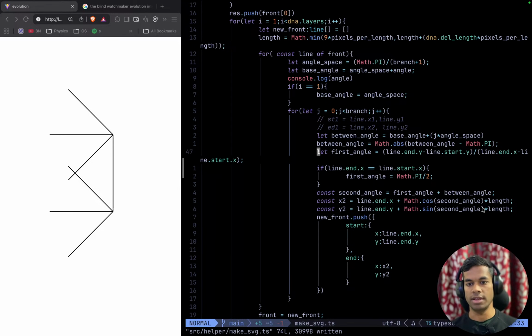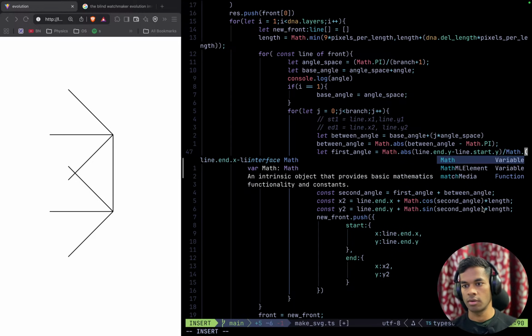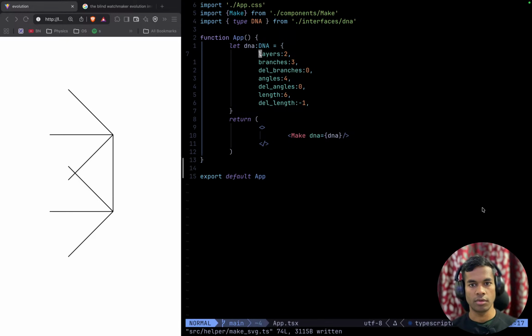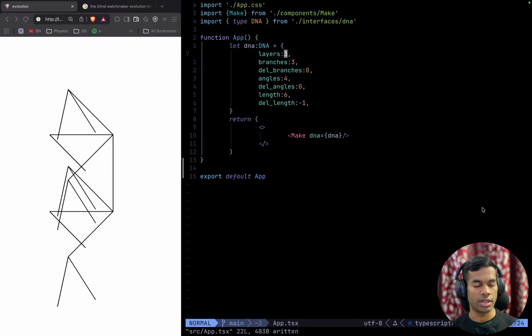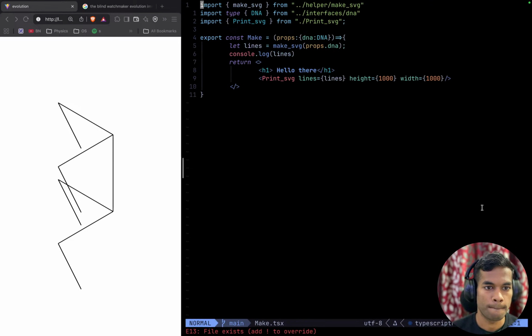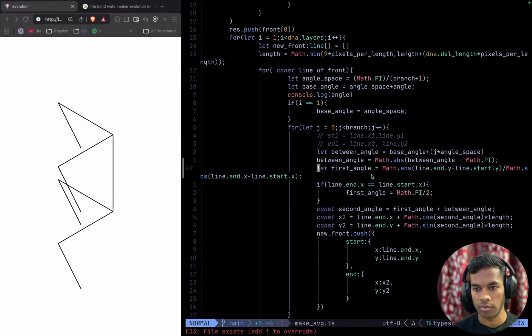That's not absolute. And here also the same thing. That has something to do with this. No, it is also not working. Wait, maybe it is working, but the first line is exactly at this point, and we are not able to see it on top of the parent line.